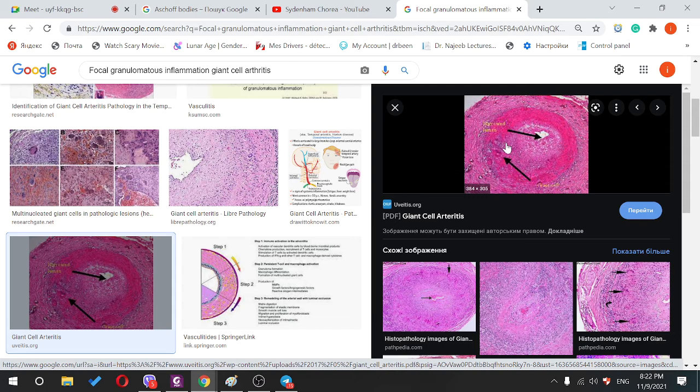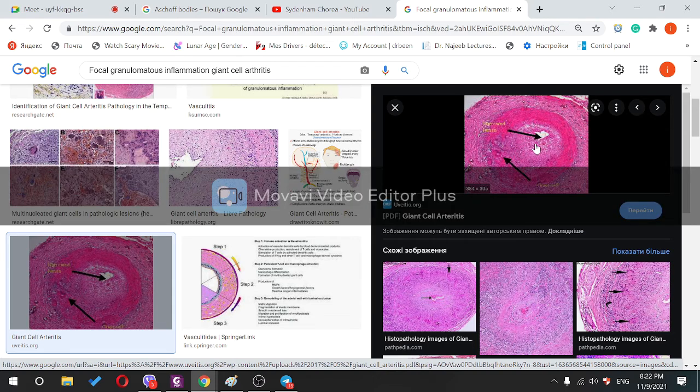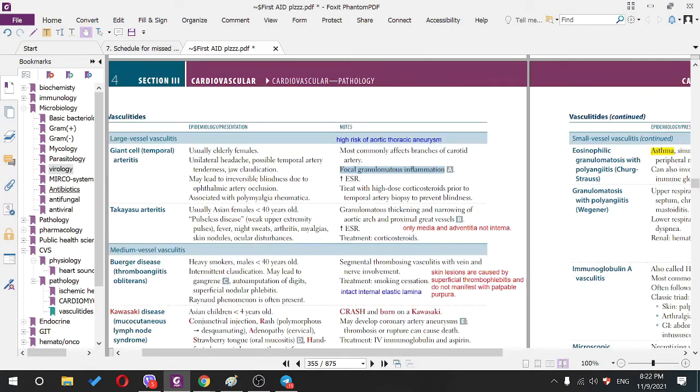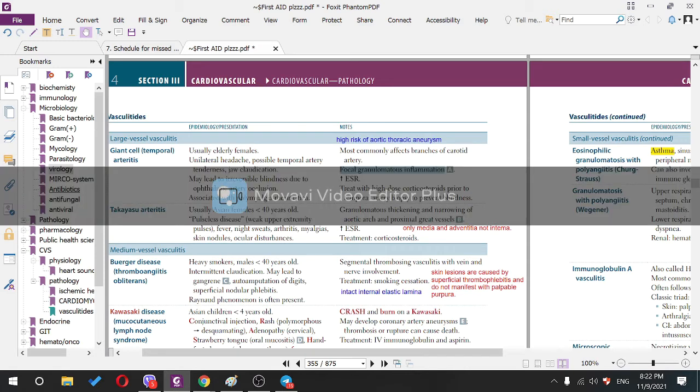You can see the vessel is ridiculously narrowed, and it's because of the granulomatous inflammation inside of the walls. Yep, so the main thing, guys, do you remember when I explained the ESR for you? Let me ask this. Sickle cell disease, does it lead to an increased ESR or a decreased ESR?